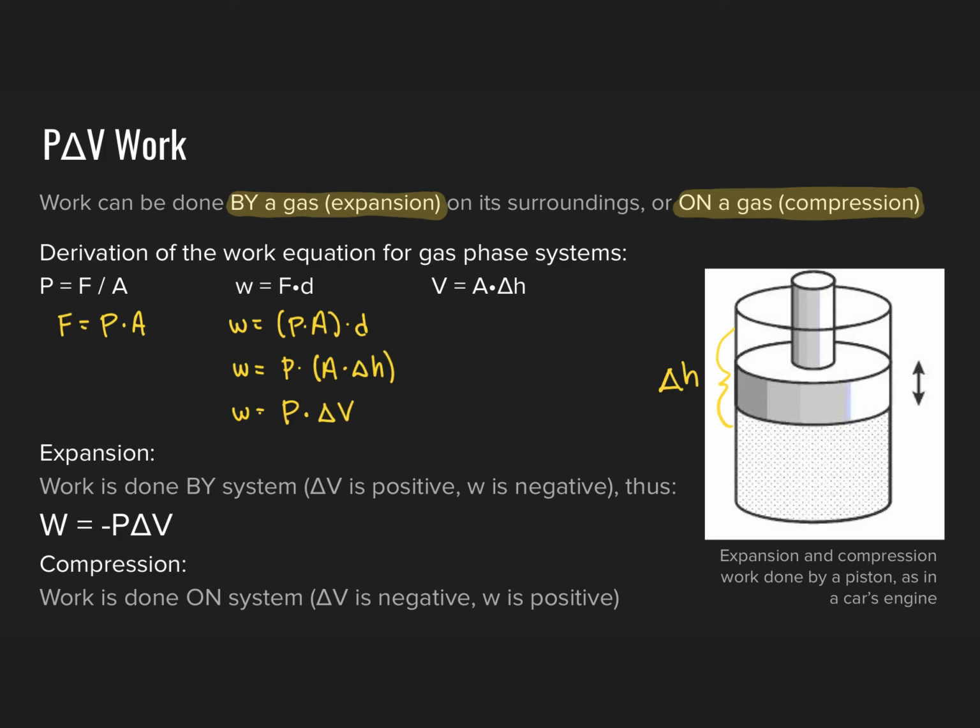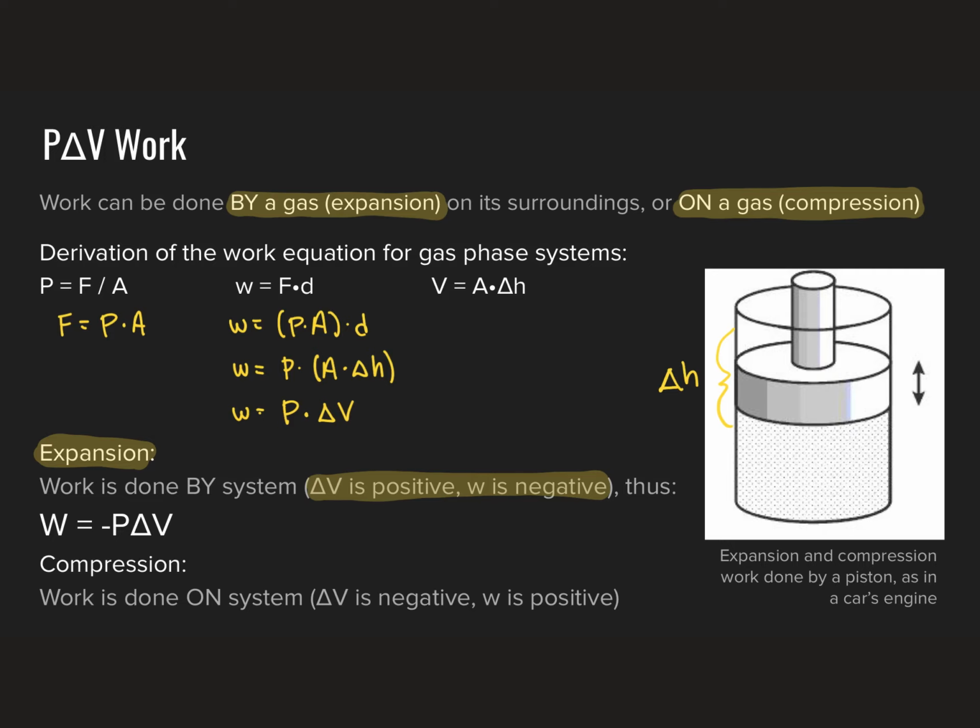Now, with that being said, think again for a moment about the signs involved here. Because an expanding gas causes work to be done by the system, and for the expanding gas the change in volume is positive, that must imply that the work done by that system is negative, because from the system's perspective, if you're doing work on the surroundings, the system's internal energy must be decreasing.